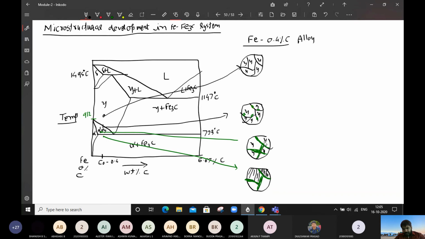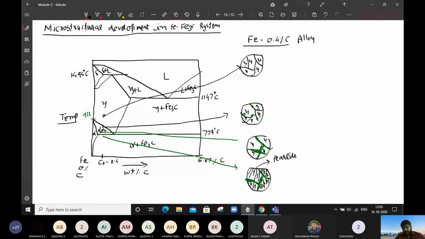So wherever the gamma is present, all this gamma is going to convert into alpha and Fe3C. So this gamma is transformed to alpha and Fe3C. This region is known as pearlite. We know that alpha plus Fe3C is known as pearlite. This is what is known as pearlite.